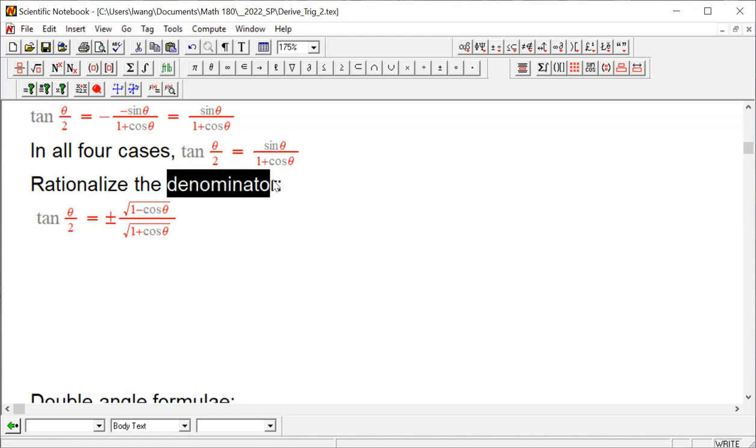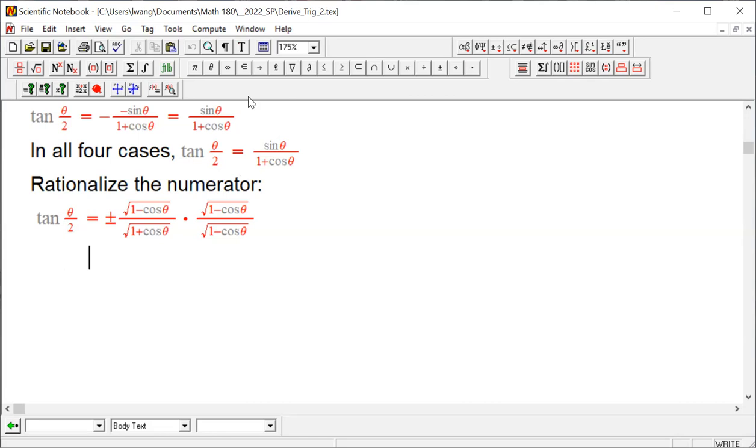How do we do that? We multiply by 1 again, but this time we choose the numerator to multiply the top and bottom by. So we still have plus minus. The bottom, we get 1 minus cosine squared of theta for the same reason. On the top, it's just 1 minus cosine theta.